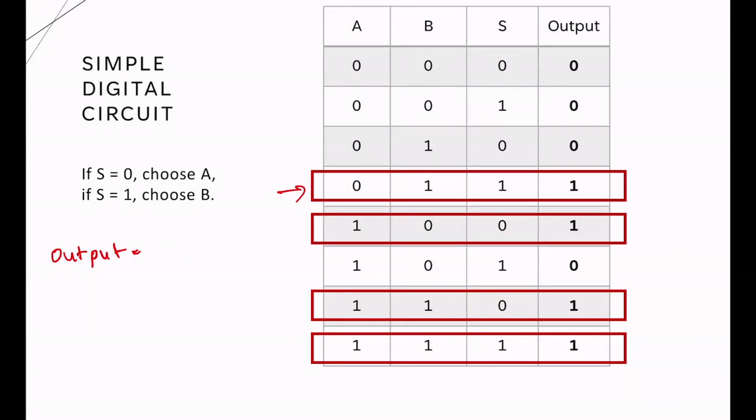So A has to be 0, so A bar, and B has to be 1, so AND B, and S has to be 1, so AND with S. This is the first one. The second one is the same thing: A, B, S has to be 1, 0, 0, so it has to be A, B bar, S bar, right?